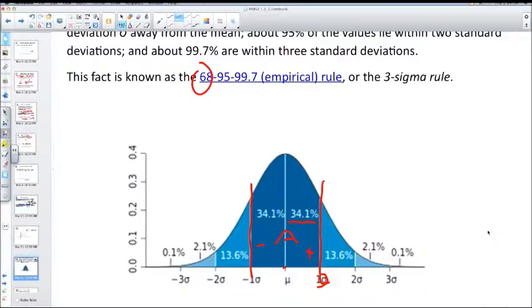The next one is the most frequently used one. We call it the 95% confidence interval. 95%, that's around 2 deviations. And then the third one, if you get 3 deviations, that will cover 99.7%, practically everything.